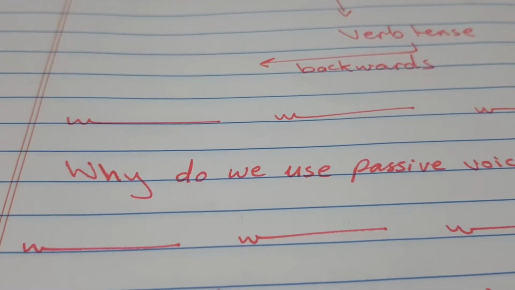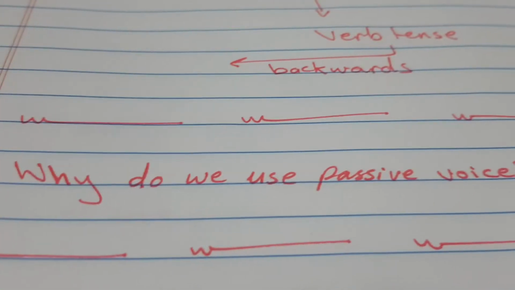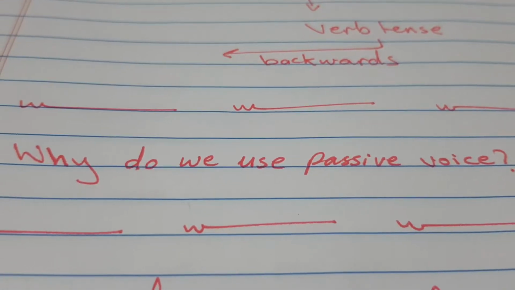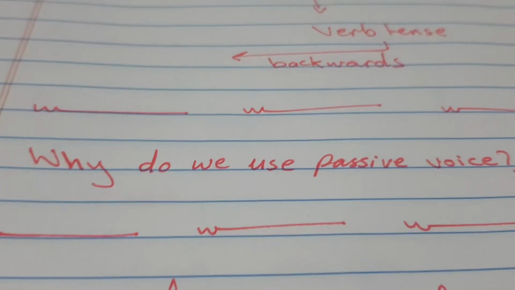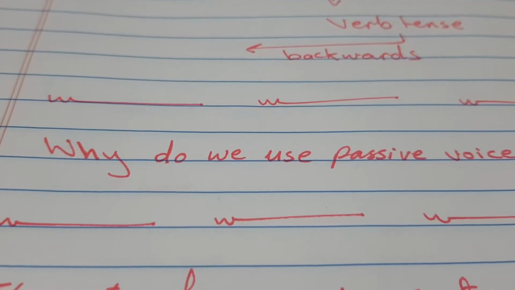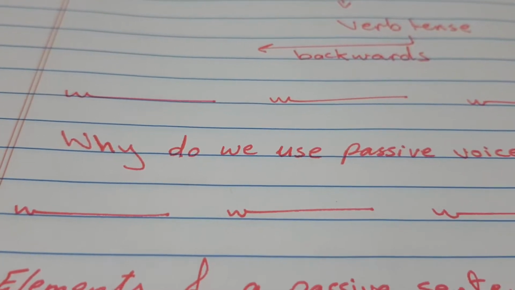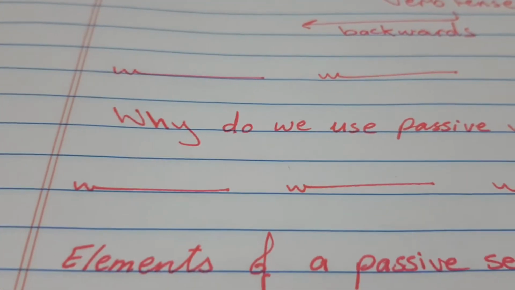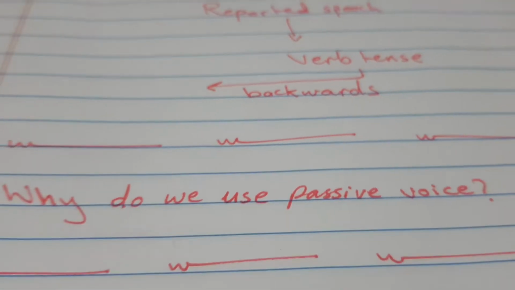Now, the third reason why we use passive voice is that we care about the action itself rather than the doer of the action. For example, and that's, by the way, what we see in news headlines, in newspapers, etc. The action and the object that received that action are more important than the doer of the action itself.